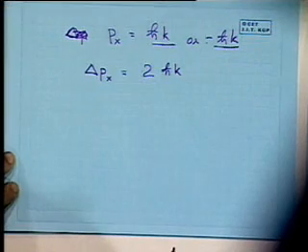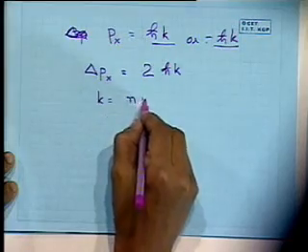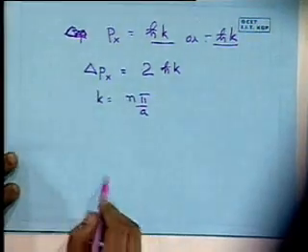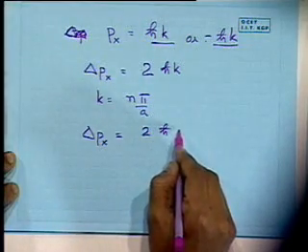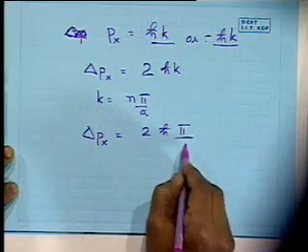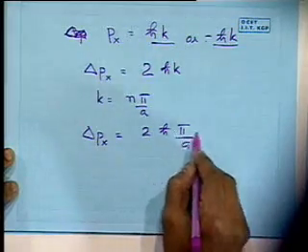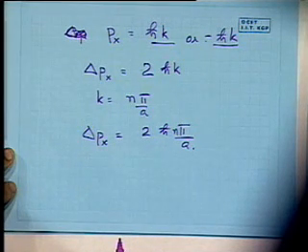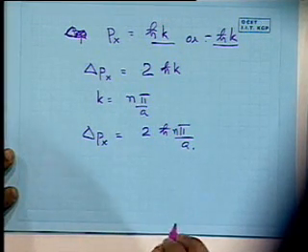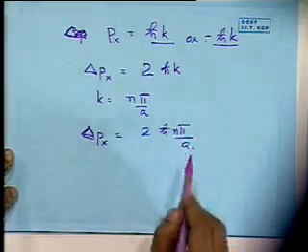So we get 2 h bar k as the uncertainty in momentum. Earlier we saw that k was equal to n pi by a, from which I can get that delta px is equal to twice h bar n pi by a.